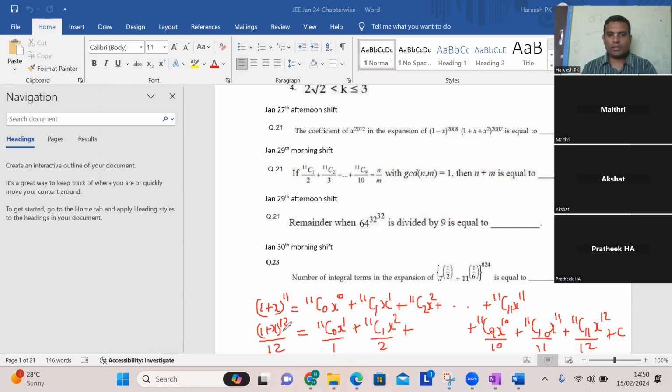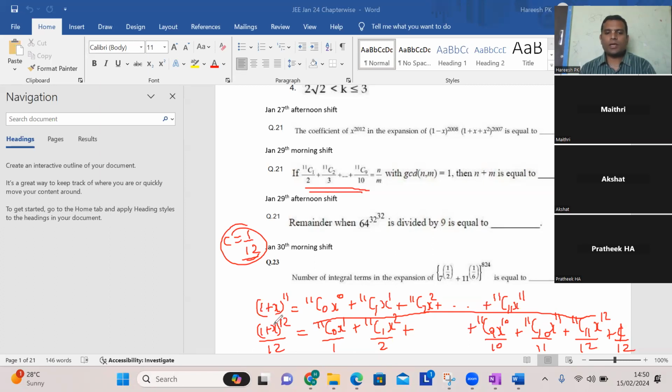So when you put x equal to 0, all these terms will become 0. So the constant of integration will be 1 by 12. Now that we found the constant, I'll write it here.